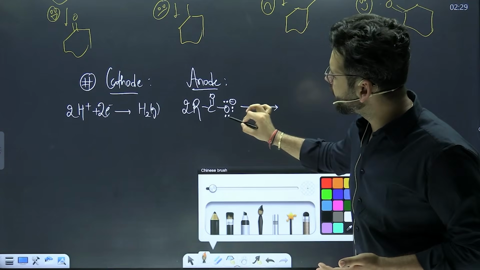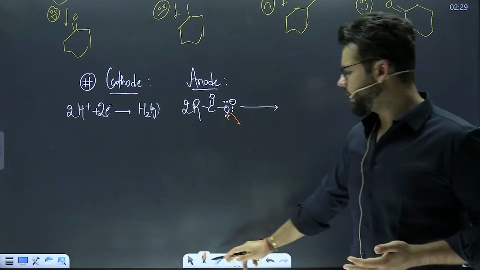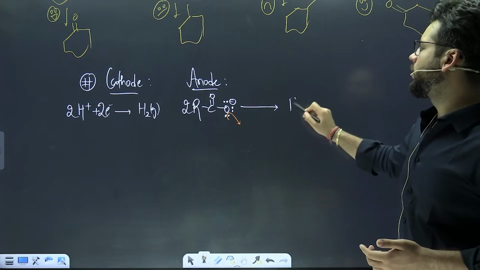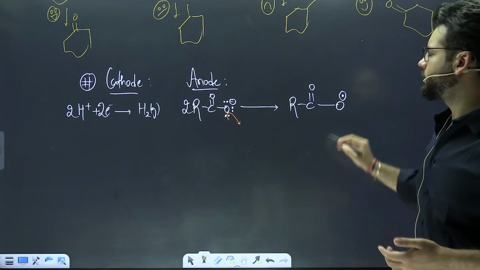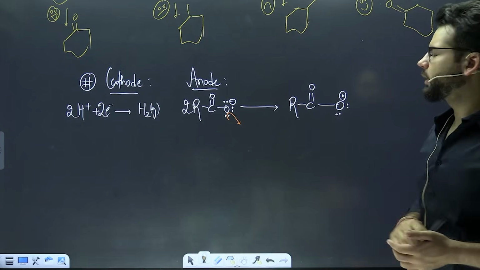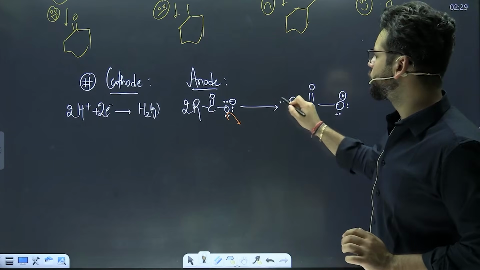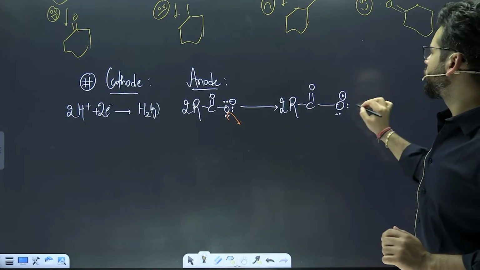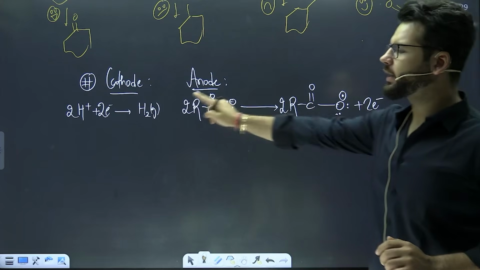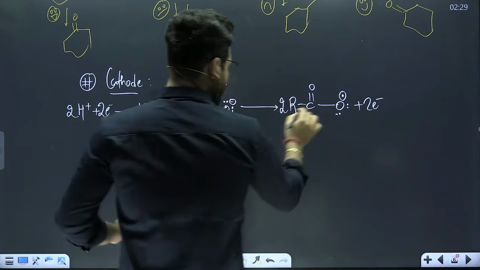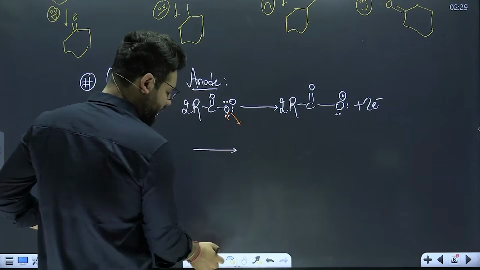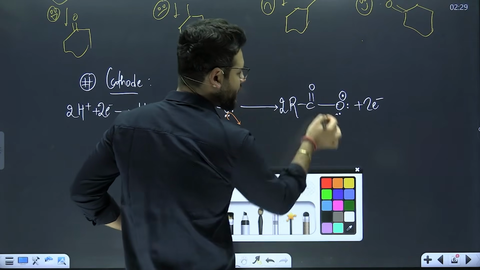It becomes an oxygen radical, RC double bond O, O radical, like this. Because it is 2 moles, I'm writing it 2 times. So 2 electrons are lost here and 2 electrons are gained there. Electrons are balanced.